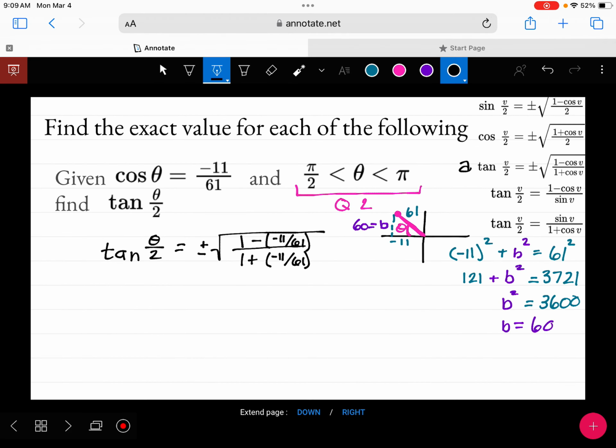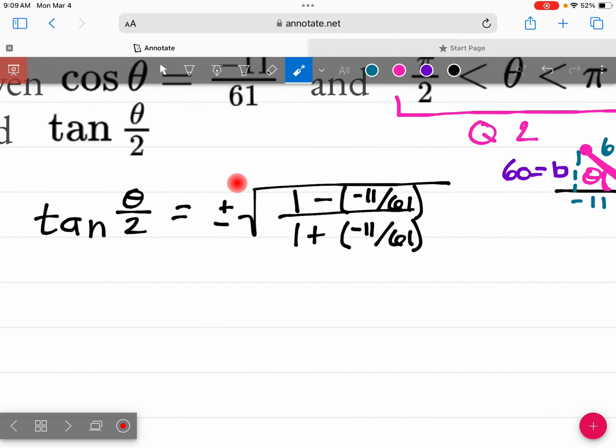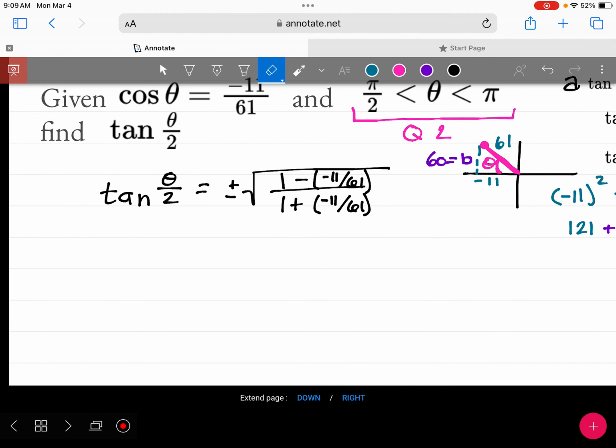In quadrant 2, is our tangent going to be positive or negative? Because I don't really want to have to write plus or minus every time. Negative. Because in quadrant 1, sine and cosine are both positive, so tangent's positive.